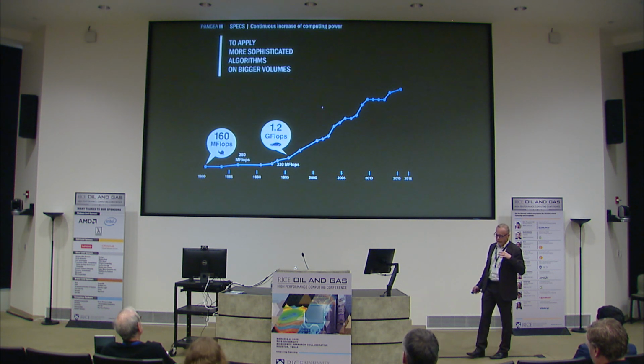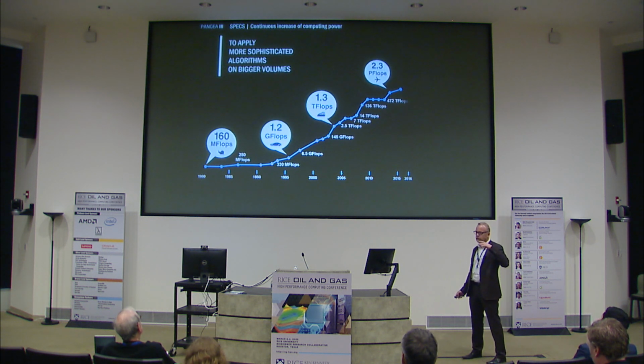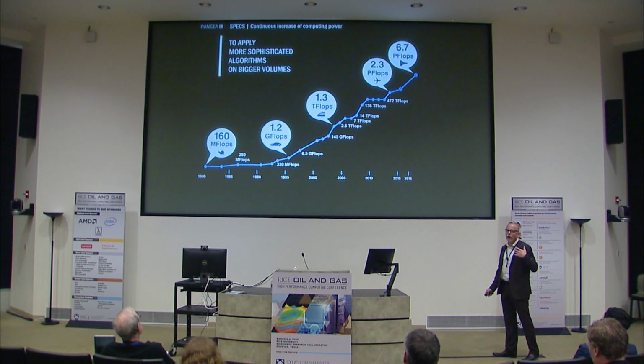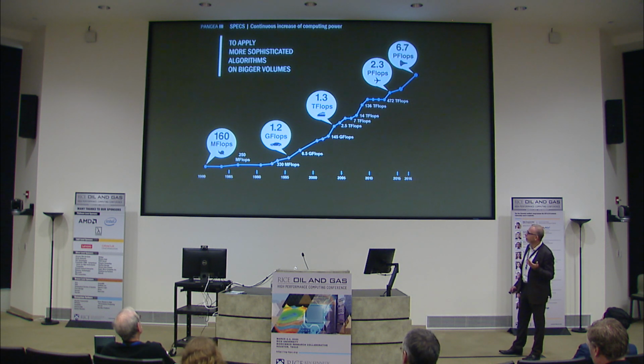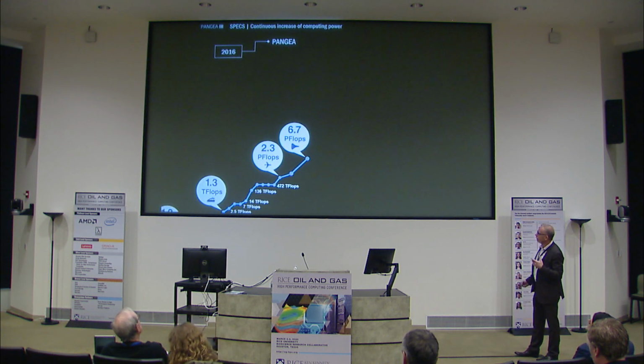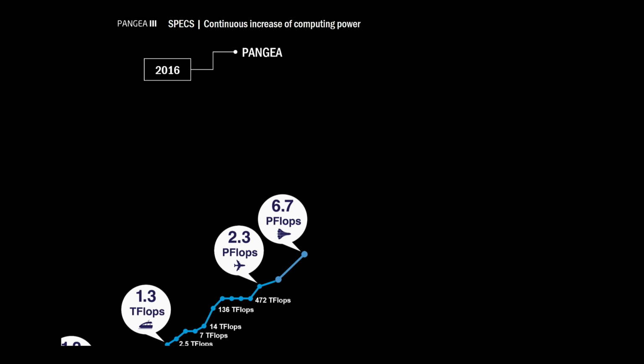This is the continuation of the global history of high-performance computing facilities and systems in Total. We started in the 80s, and we are going on. We installed the first Pangea in 2012. It was a pure CPU-based system.